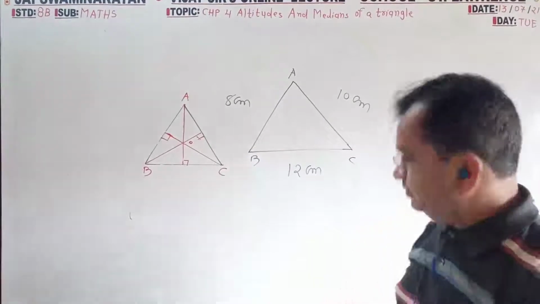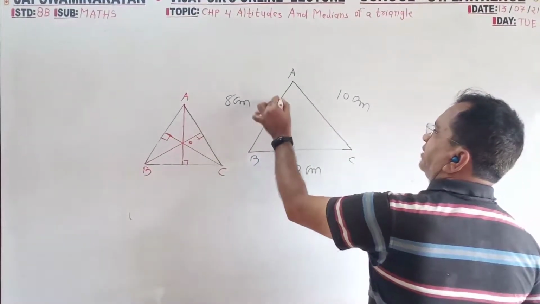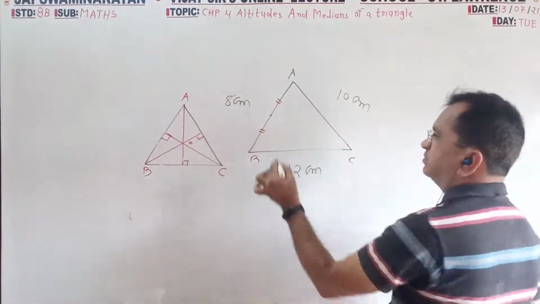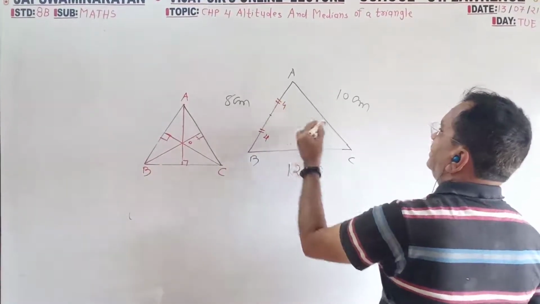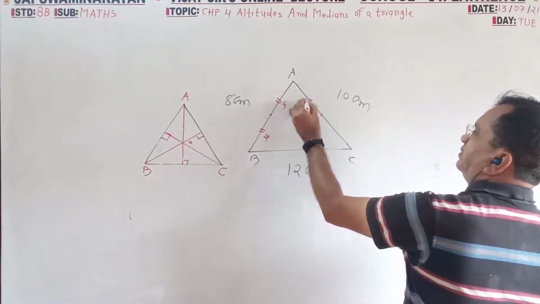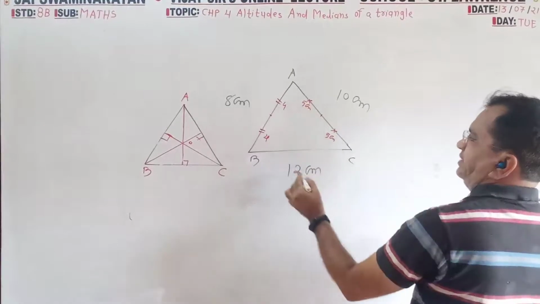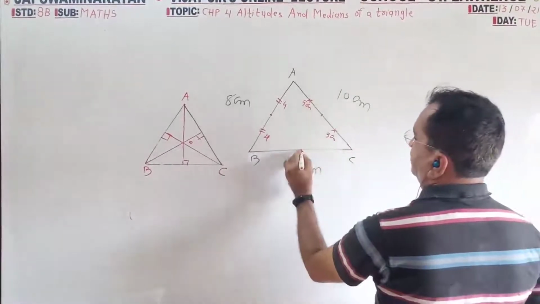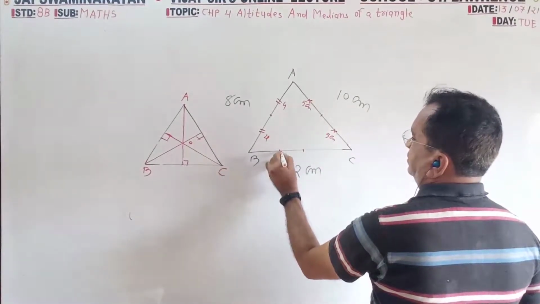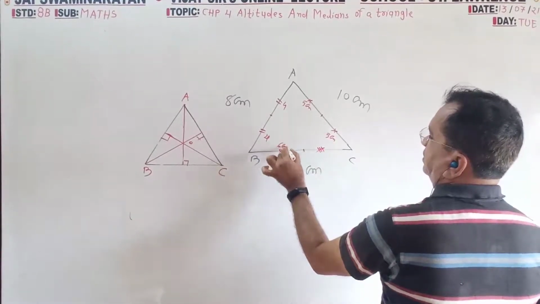So this is 8 centimeters, so I will take the 4 centimeter point. So these two are equal, 4, 4. It is 10 centimeters, so I will take 5 centimeter. It is 12 centimeter, half, six centimeter.